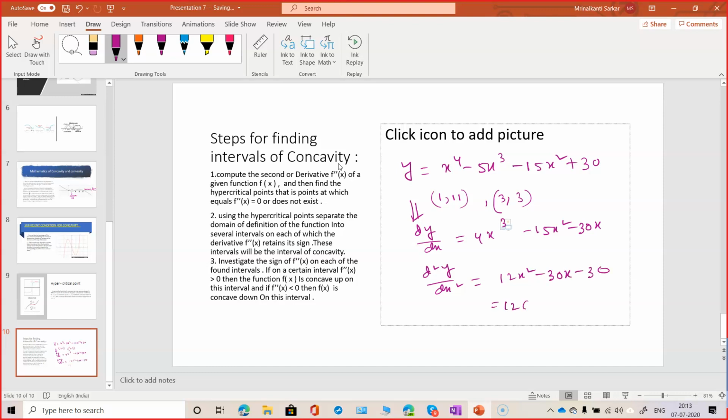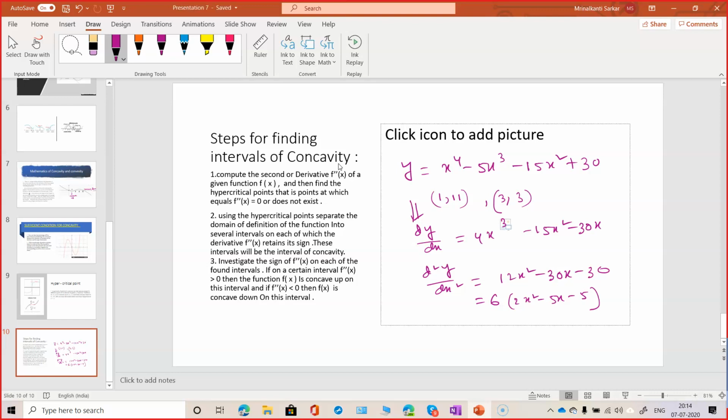If we take 6 as common, then this is going to be 6 into (2x^2 minus 5x minus 5). Please check once: 4x^3 minus 15x^2 minus 30x, and 12x^2 minus 30x minus 30.